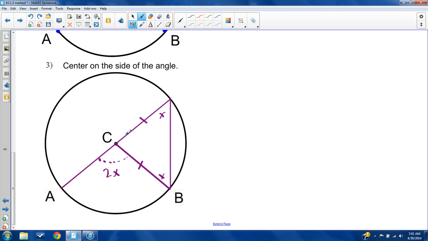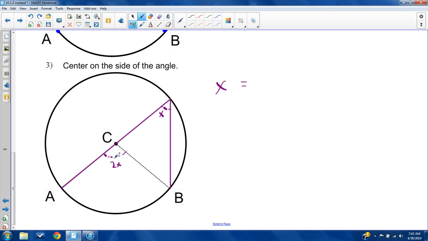So let me erase those purple parts that I just drew and rewrite those x's. So I have x here, and here I had 2x. Okay, sit there and think for a sec. We're practically done. This is the inscribed angle right here. This is x.